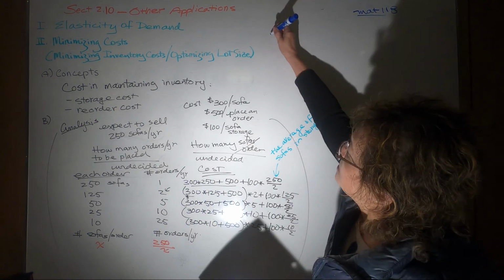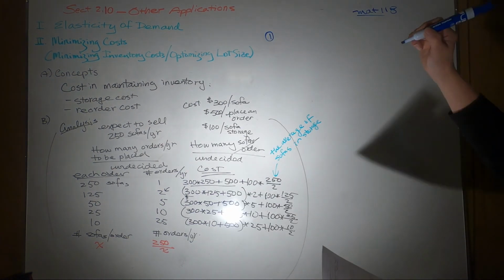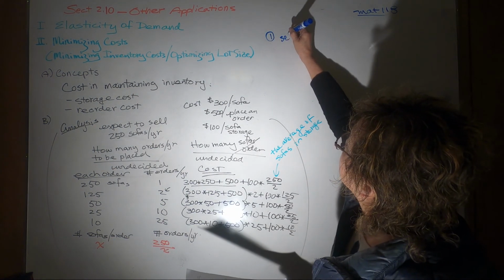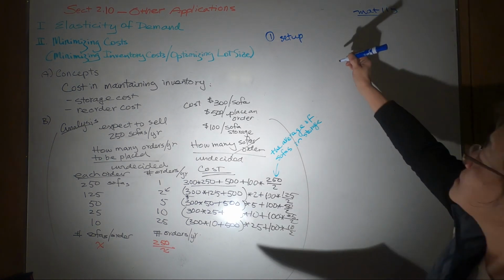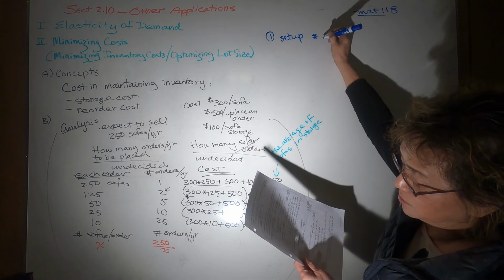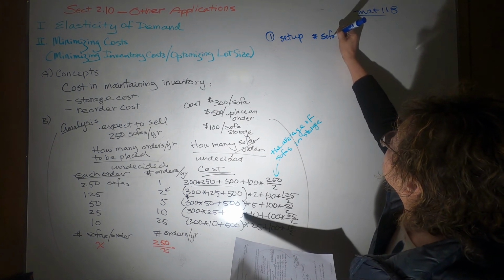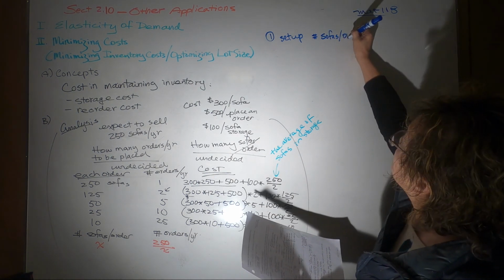Okay, so let's see. First one, we set up the function, right? We have to have an unknown, say how many sofas per order.